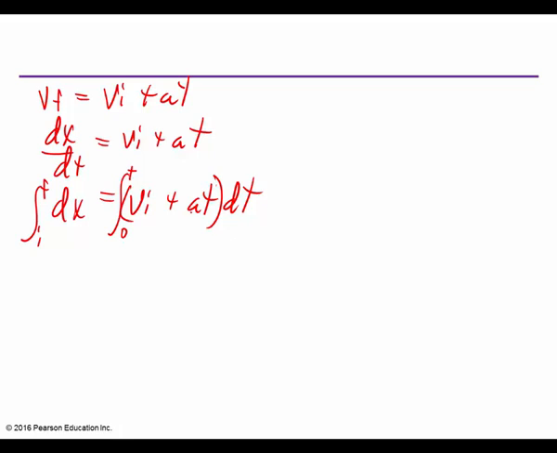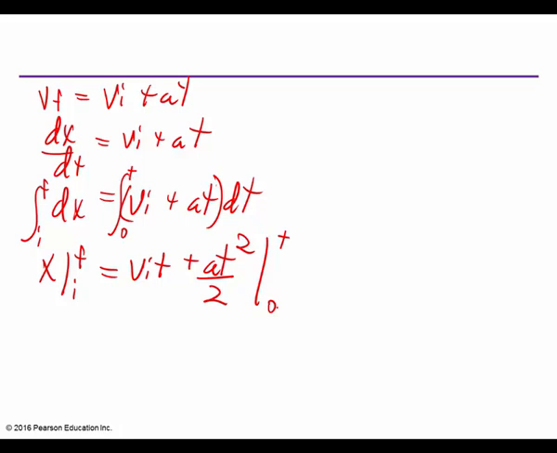The integral of dx is x, so it's x final and initial is equal to, when we integrate this with respect to time, Vi t plus at squared over 2, evaluated at the final time and time 0.